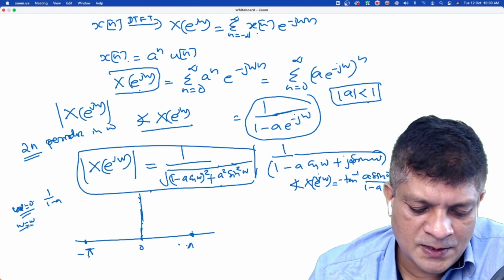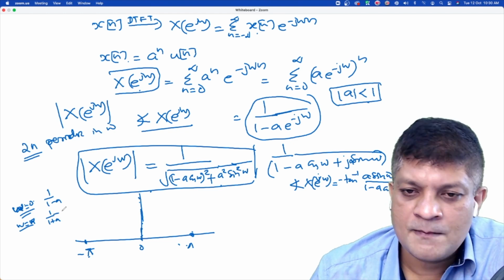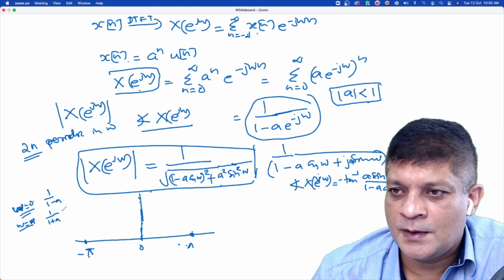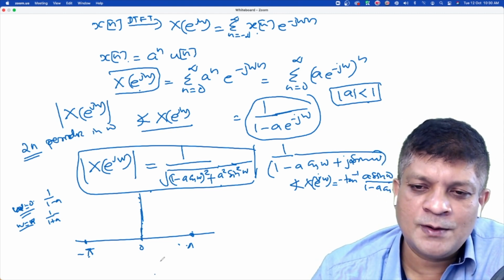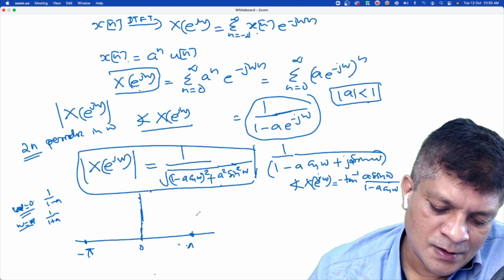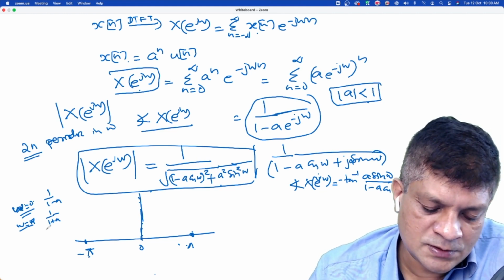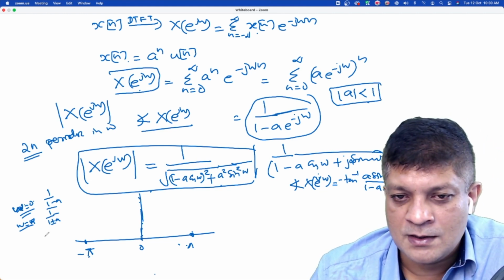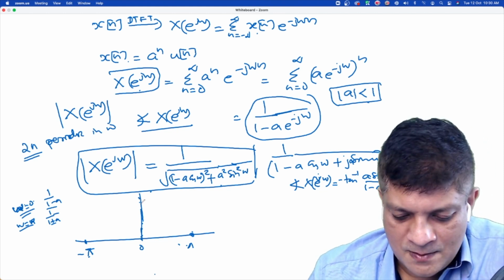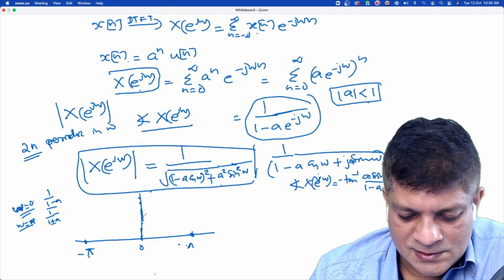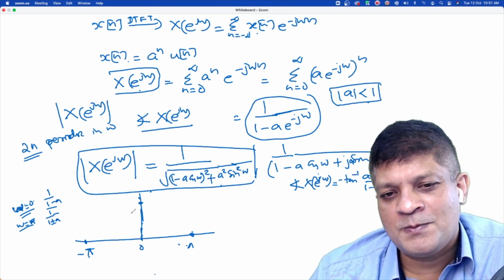And at omega equal to pi? It is 1 by 1 plus a. In between these, anyway, we are not bothered about the shape; at least you can find these two values. Which one is greater, 1 by 1 minus a or 1 by 1 plus a? It depends on a, whether it is negative or positive.